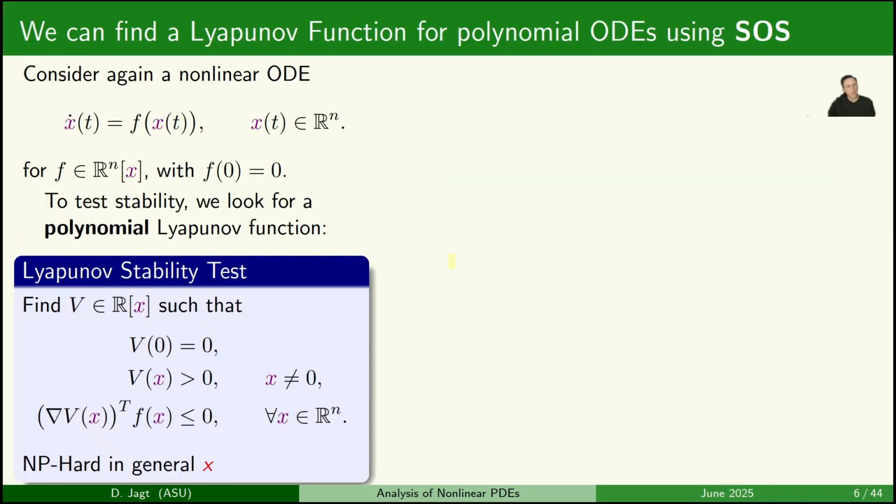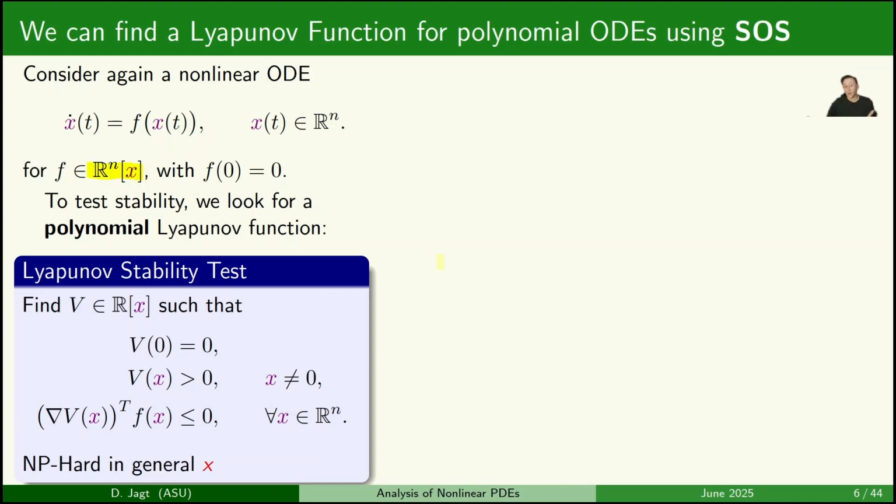So as noted, to test stability of a linear ordinary differential equation, we have this automatable and universal framework in terms of these linear matrix inequalities. However, we can actually generalize that somewhat to the case where the vector field is polynomial.